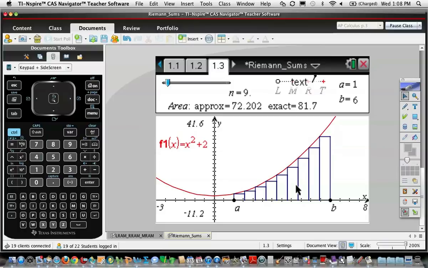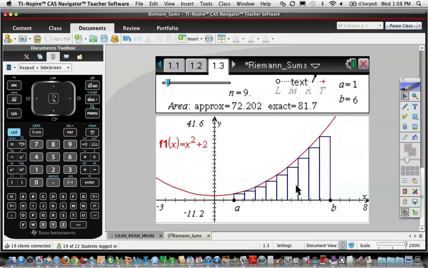Turn to page 351. Look at the bottom of page 351. That's a Riemann sum. It has 6 rectangles. They're all different widths. They all hit the curve at different places. Some look like they're about the midpoint. A few of them look like they're right endpoints.